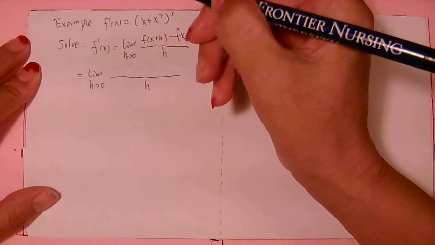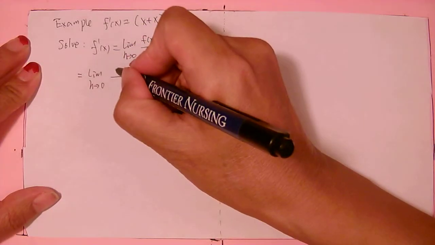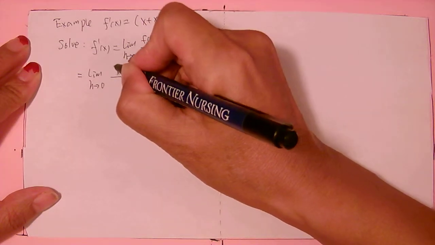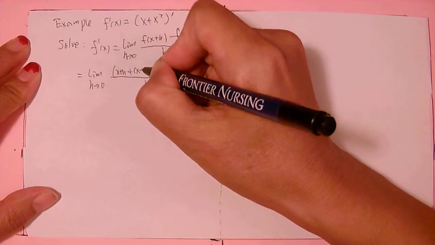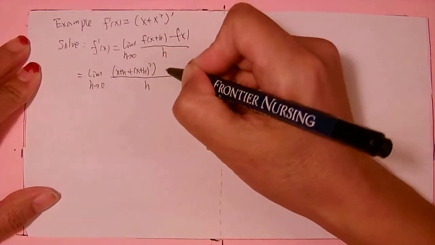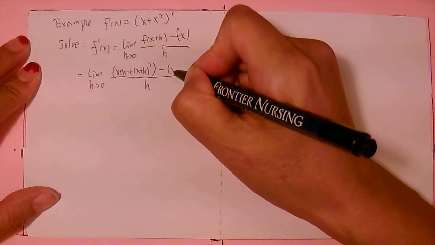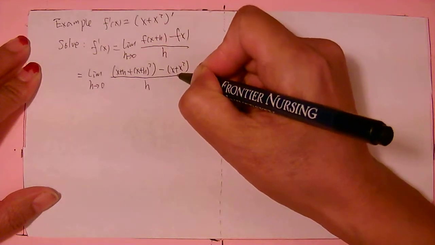For f(x+h), we substitute x by x+h, minus f(x), so we substitute f(x) by x + x^7.